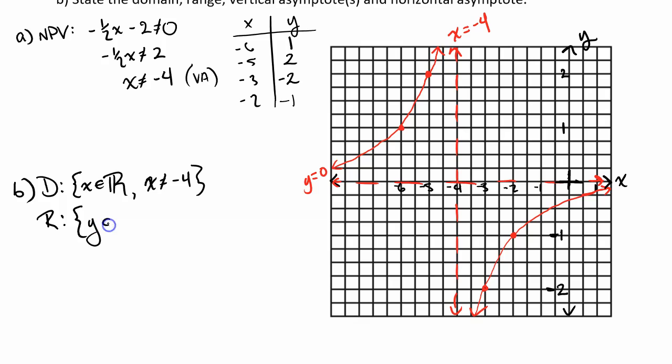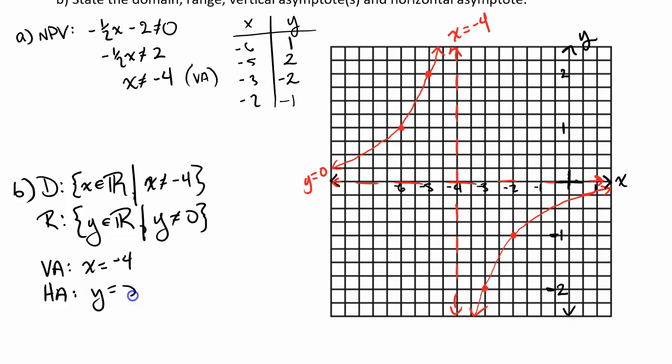So I can say y is every real number, but y cannot be 0. So then my vertical asymptote becomes defined at x equals -4. Horizontal asymptote is y equals 0. And finite.